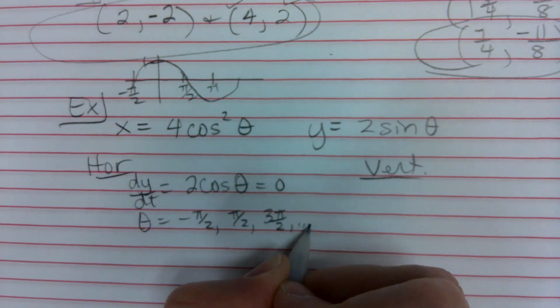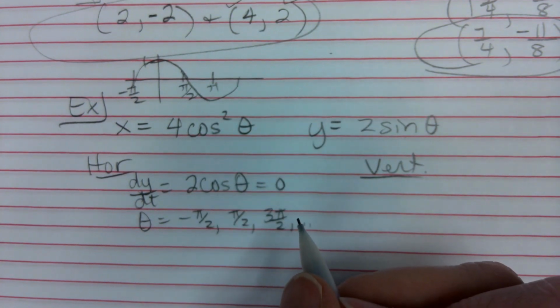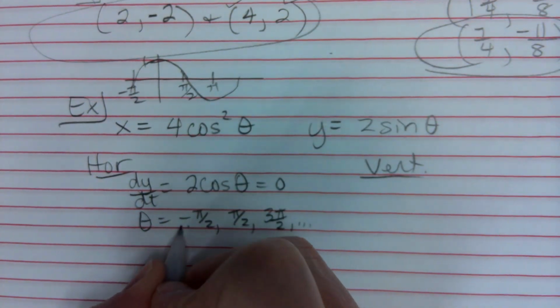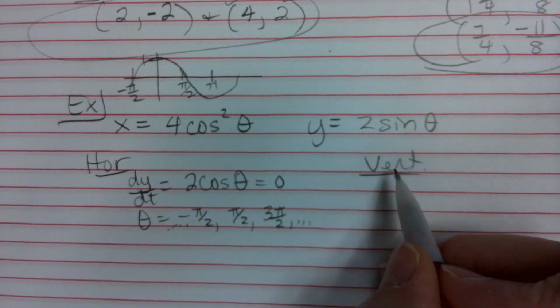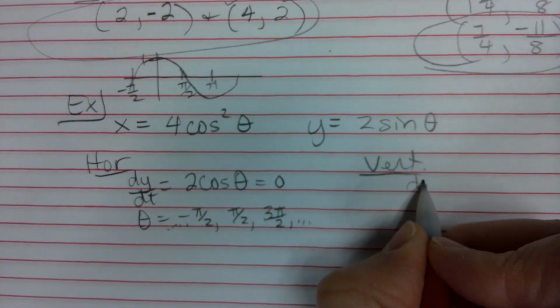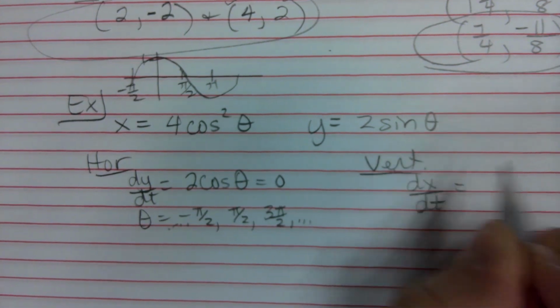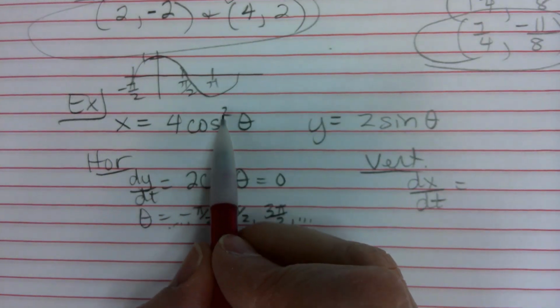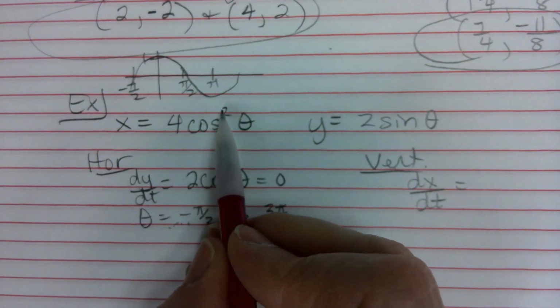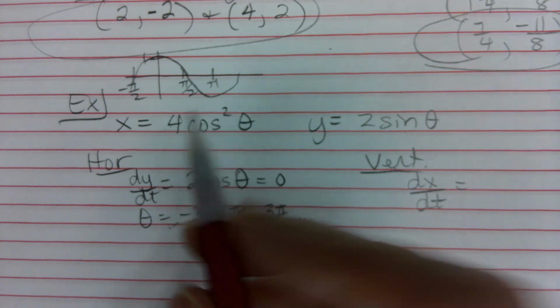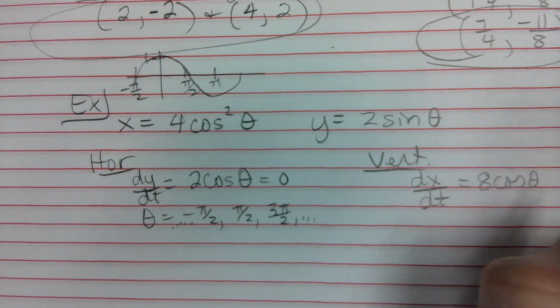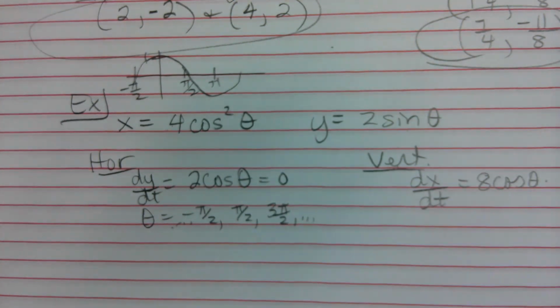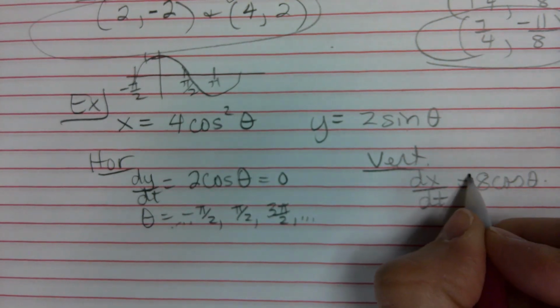I don't like them not giving us an interval, but we may find some points that keep showing up. It is vertical when dx/dt equals 0. What is dx/dt? Power down in front would make it 8, leave the cosine alone, times the derivative of cosine would be negative sine.